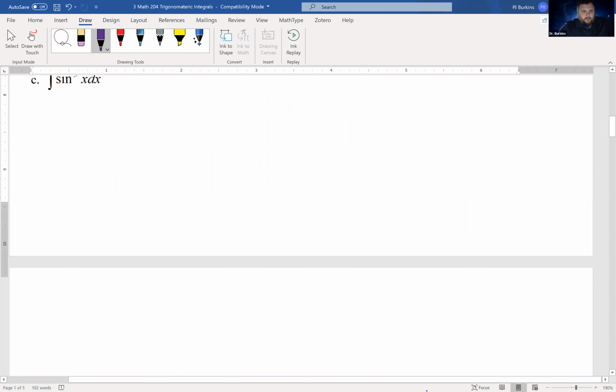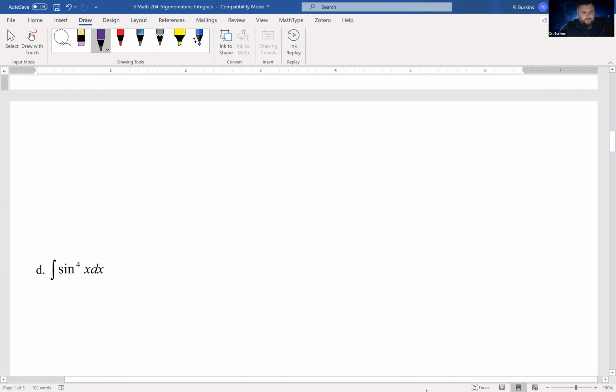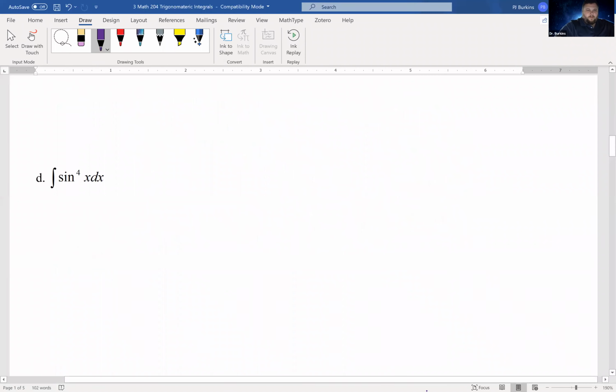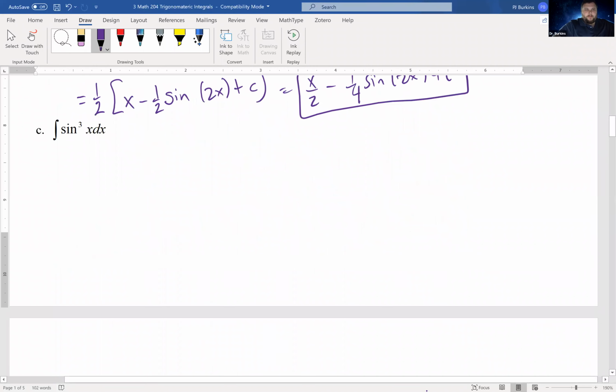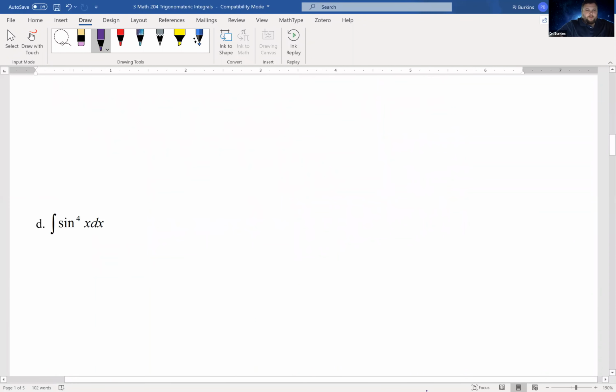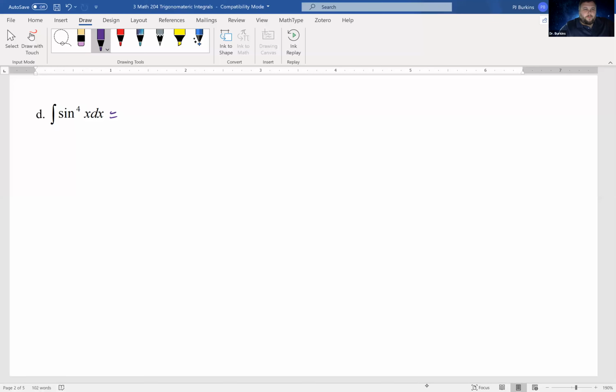I think I'm going to go ahead and do sine to the 4th for you. And if we have time, I'll let you guys try sine cubed. So again, I have no cosines present in the problem currently, right?